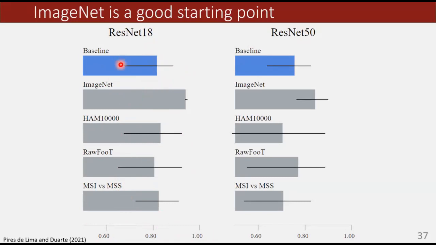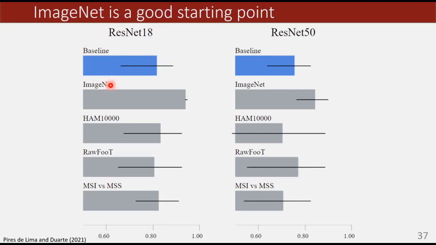The bar shows the minimum and maximum values achieved by this variation of hyperparameters. The baseline is when we have a model that is initialized with random weights. And then we have ImageNet, meaning we got a ResNet 18 model, pre-trained on ImageNet and fine-tuned on the classification of thin section data.